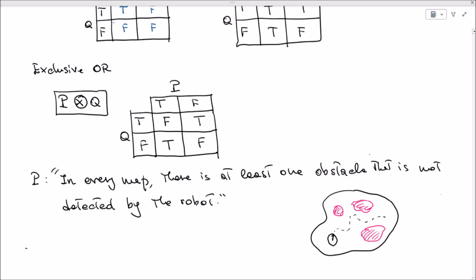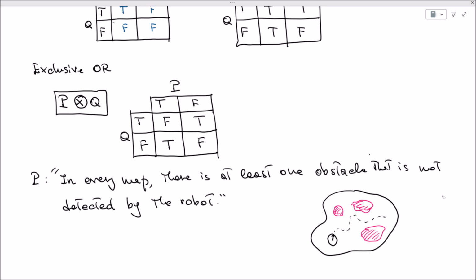We want to build now the negation of P by just applying the usual rules about the negation of a proposition. But the first thing we need to do, of course, is translating this proposition from common language to a formal language. Okay, so let's do this.